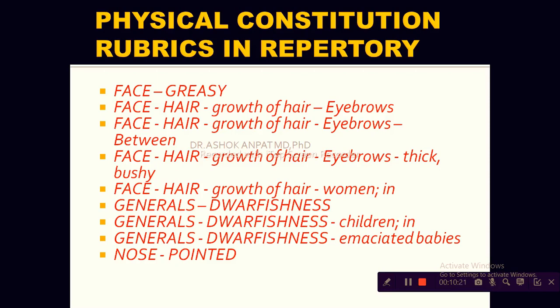Remember that any person with a very pointed nose is suffering from allergy. 100%. Many times I confirmed in my clinical practice that these persons are suffering from allergies. With excessive pointed nose, there is a deviated nasal septum.